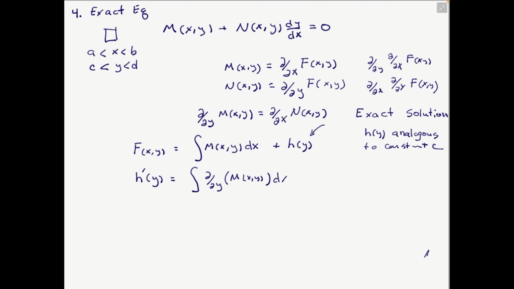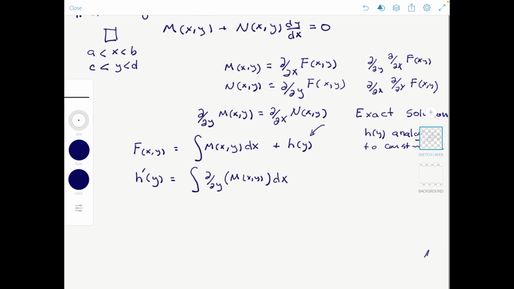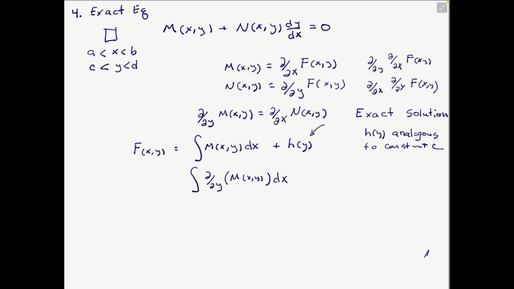And that function, h of y, is found by h prime of y is equal to dy of the integral of M of x and y dx.